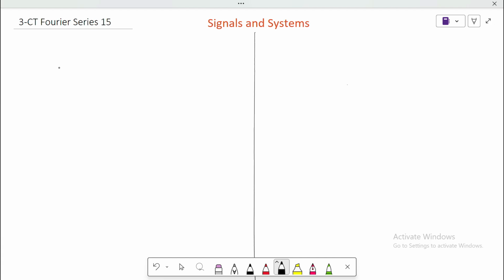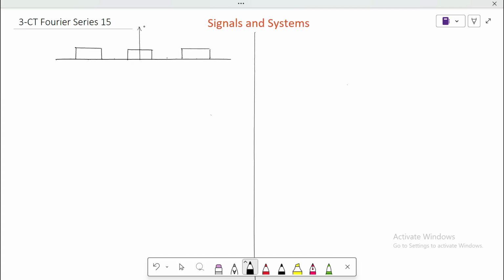So this is the signal, a rectangular pulse train.